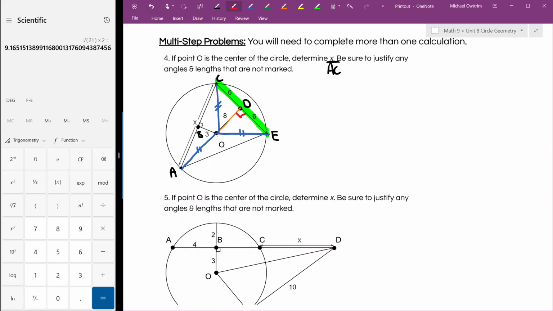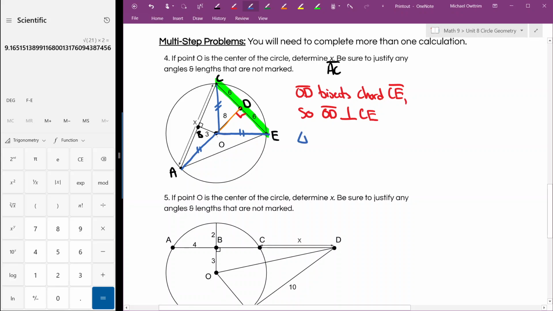So let's start by saying that our line OD bisects the chord CE, and that tells me that it is perpendicular to that chord. And so we've got our 90-degree angle in there. Next, we're going to go ahead and solve the right triangle that we've just created. So that triangle is ODE. And let's solve our Pythag for that triangle.